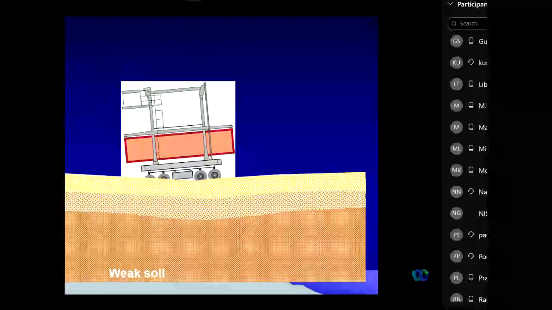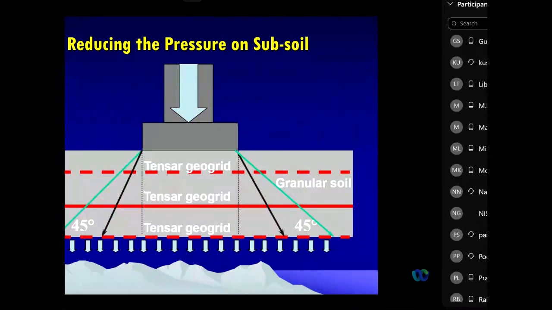That's why we have to reduce the pressure on the subsoil. To reduce the load on the subsoil, we have to make use of some kind of arrangement of geogrid, aggregate base and asphalt, or it all depends upon the design. This all depends upon your design requirement, your site requirement, your field condition requirements.